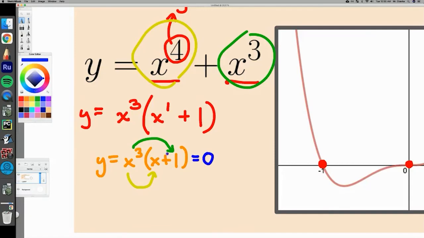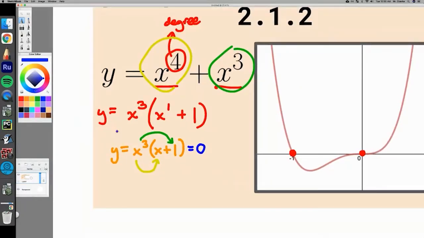So what we're going to do is take this first one here and set it equal to 0, and then take this other one here and set that equal to 0. And then we're going to solve these. This first one, you're going to do the cube root of both sides, and you get the cube root of 0 is 0.